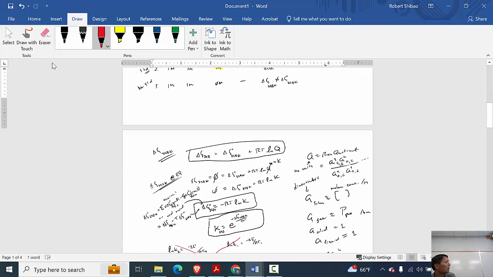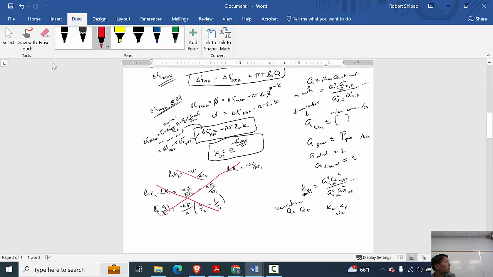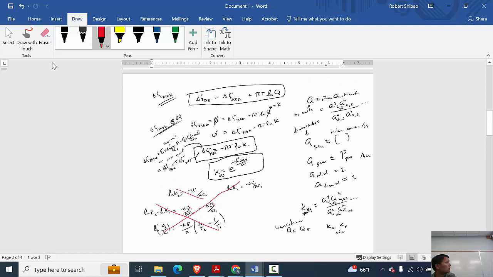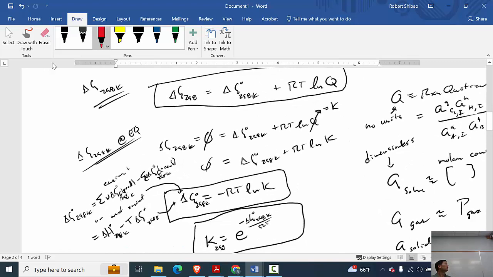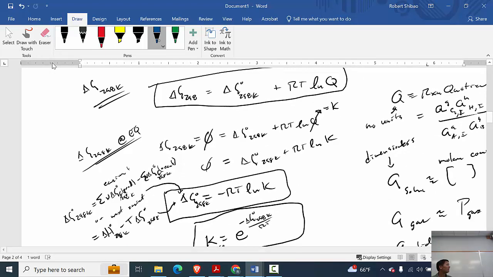So what I'm going to do here is this. Well, let me go back to the original thing before I forget to do this. Delta G at 298 at equilibrium is 0. Just know that. And so this is why I'm looking at delta G standard here.